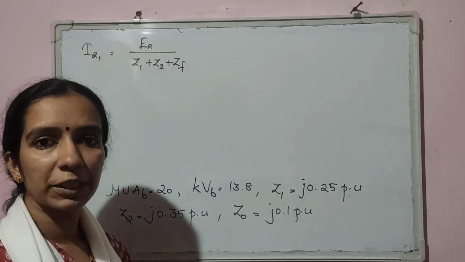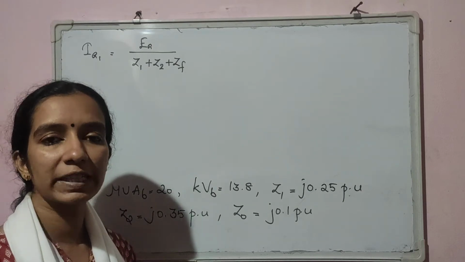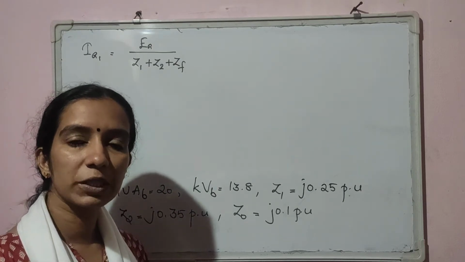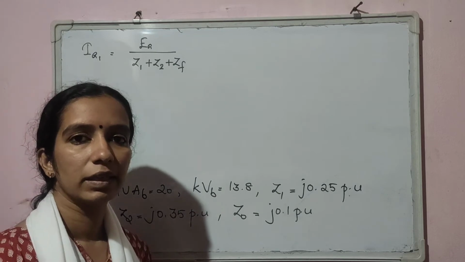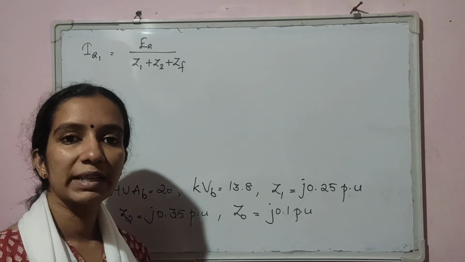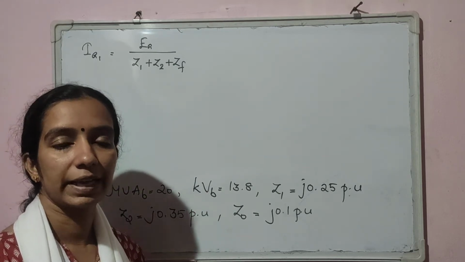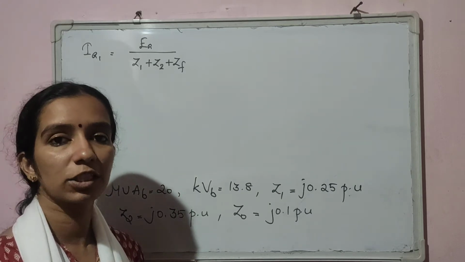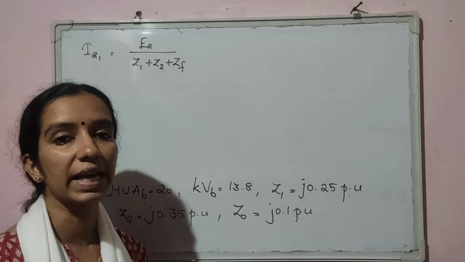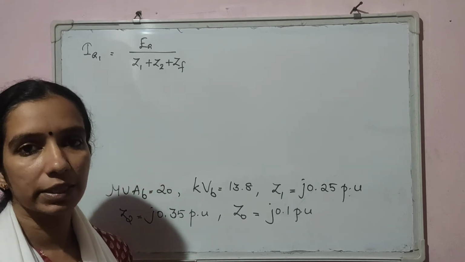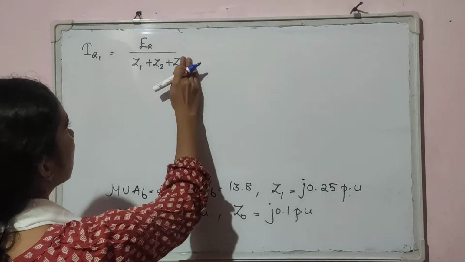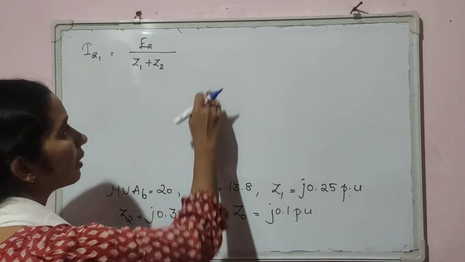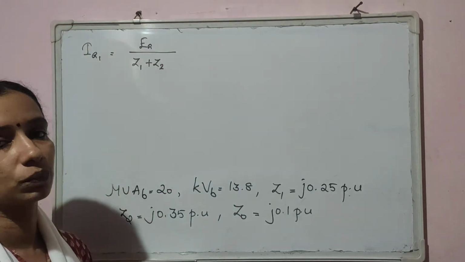So here in this particular question, it is only specified that there is a short circuit between phases B and C, and the fault impedance is not specified. That means fault impedance is 0. So there will be a direct short circuit between phases B and C. So ZF is 0 and the equation for IA1 will be EA divided by Z1 plus Z2.